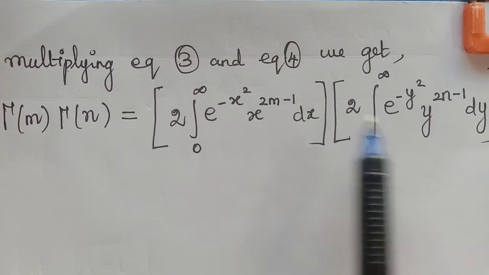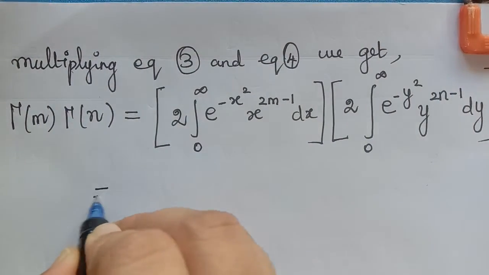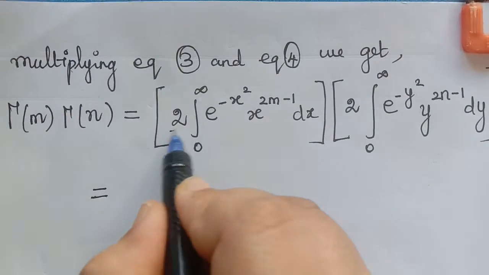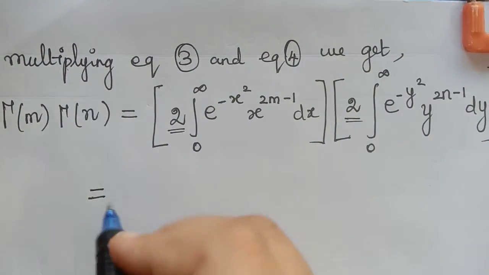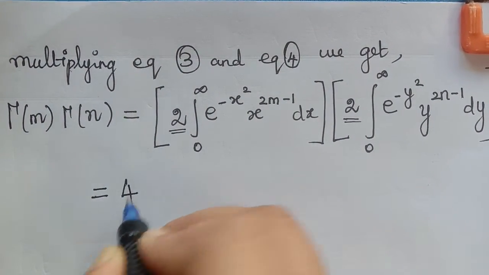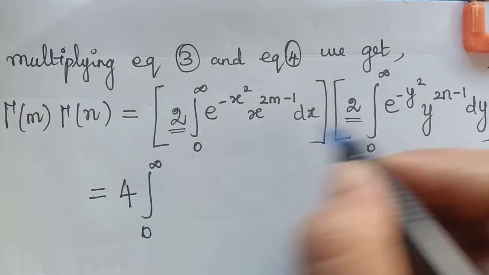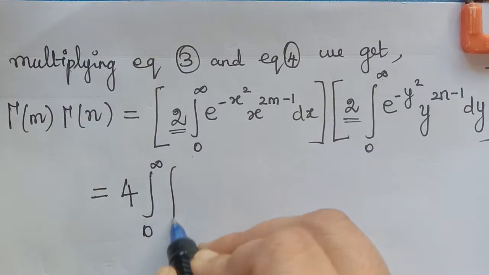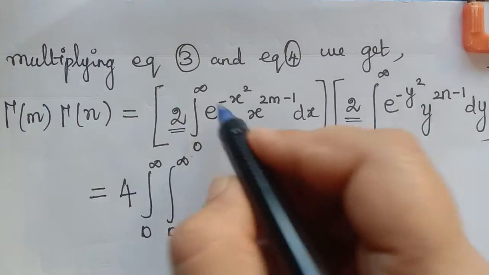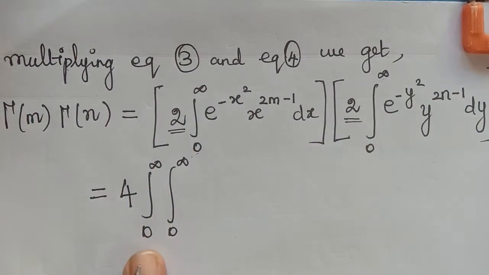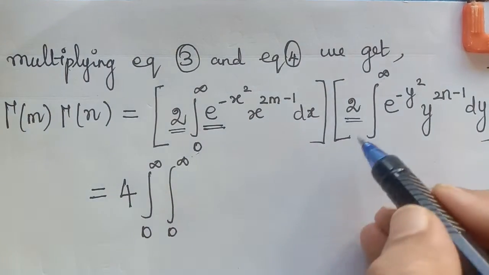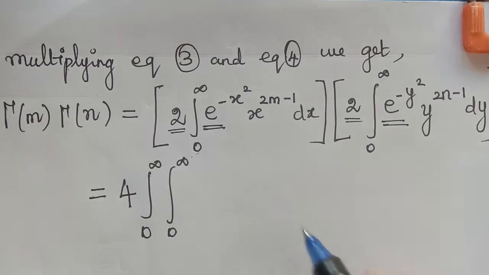So now when we multiply these two integrals, it will be equal to, first we will multiply the constants. So 2 multiplied with 2 will become 4. And then it will become integral 0 to infinity, the first integral. And the second integral is again 0 to infinity. So I have taken and written both the integrals together here. And then I will write e power negative x square and e power negative y square together.